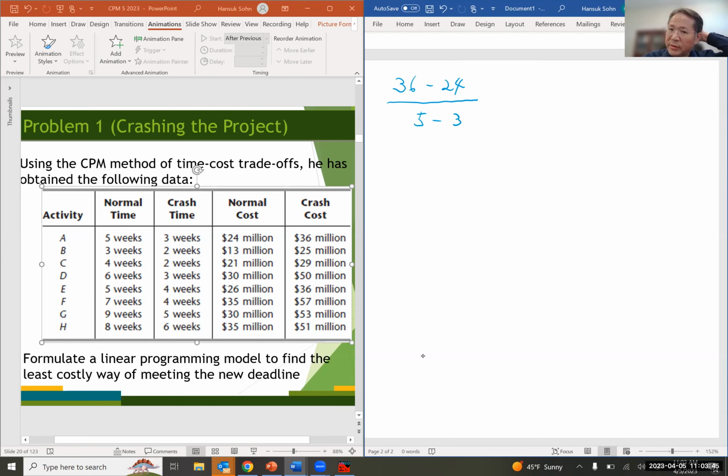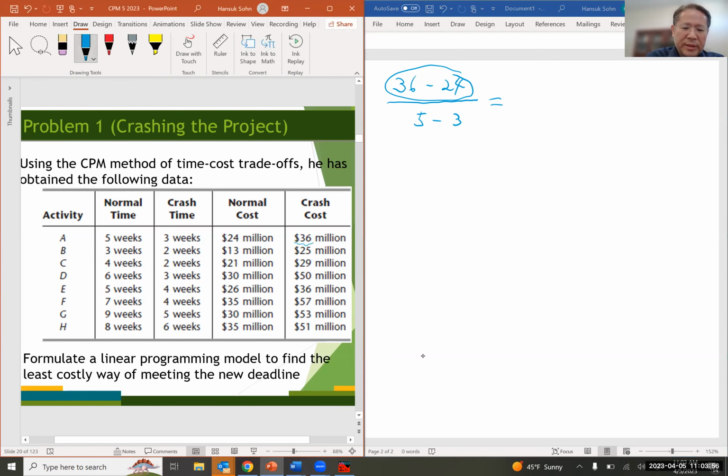You know what I'm doing? So what is the numerator? 36 minus 24. I got those values from here, 36 and 24. That's the crash cost minus the normal cost. So that's the change in the amount of cost, right?